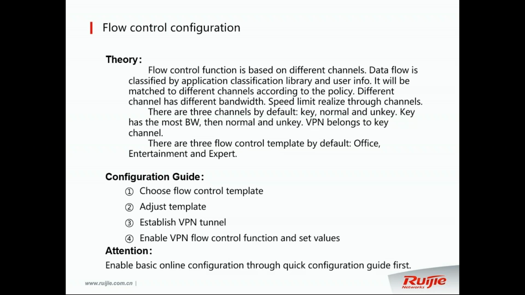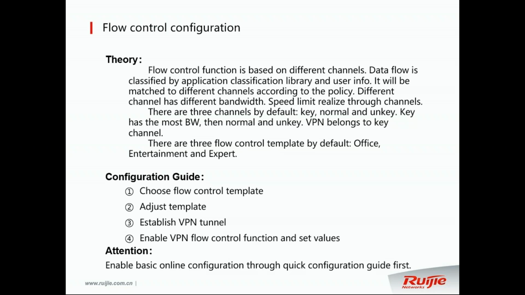Then in different channels, we already set a different speed limit policy for it. Then, in this way, we realize the speed limit. Different channels have different bandwidths. In this way, it's logical channels.